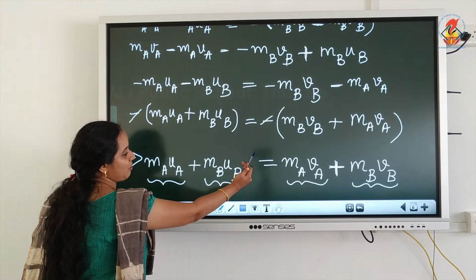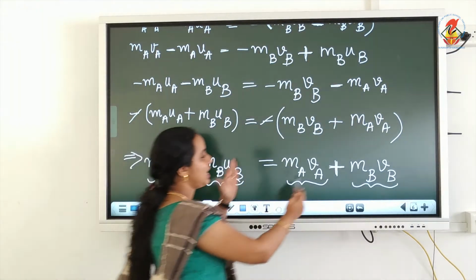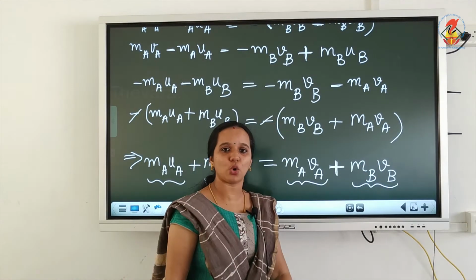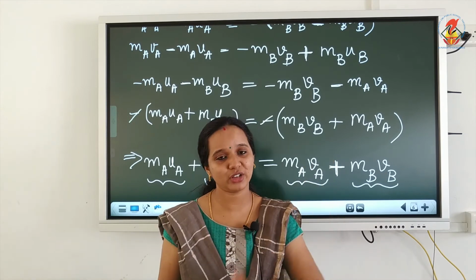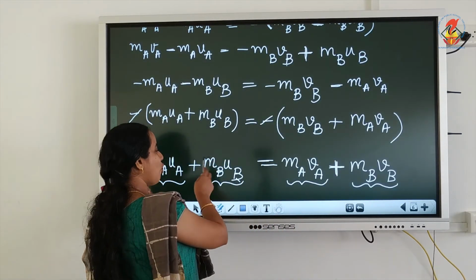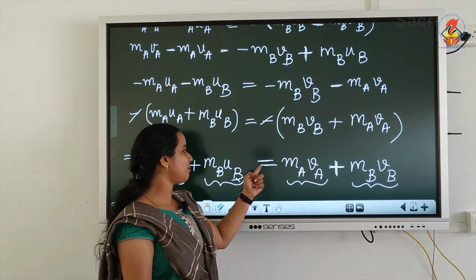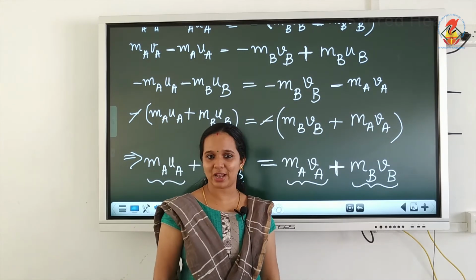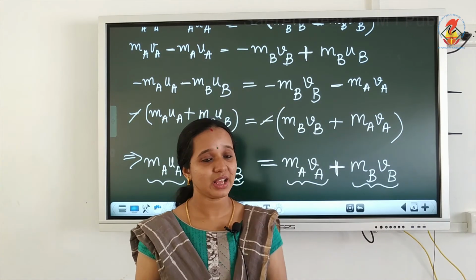So this is the total momentum of ball A and ball B before collision, and the right-hand side depicts the total momentum of ball A and ball B after collision. And we proved that before collision and after collision the total momentums are equal if no external force acts on it.